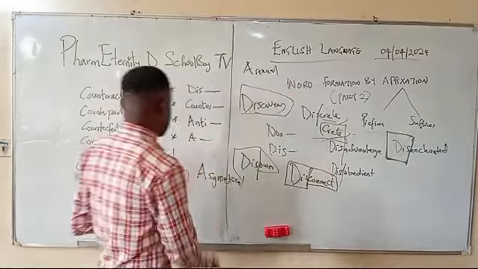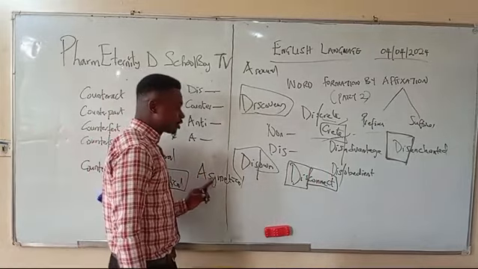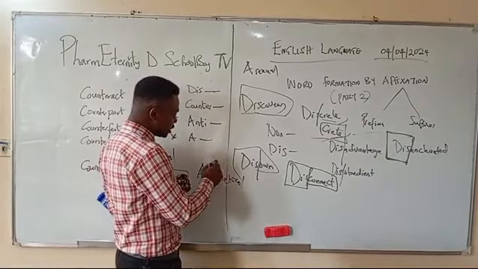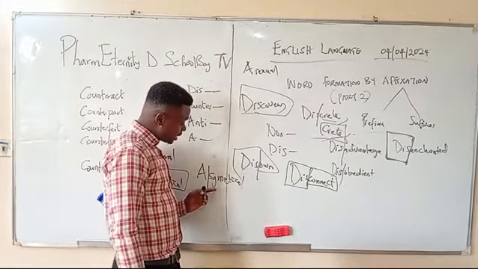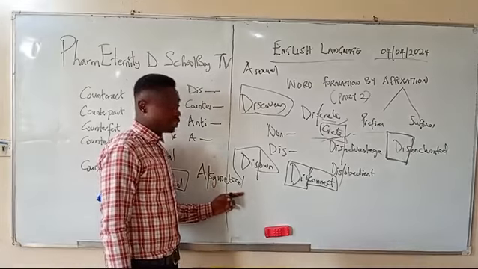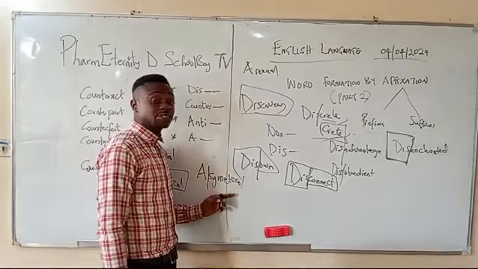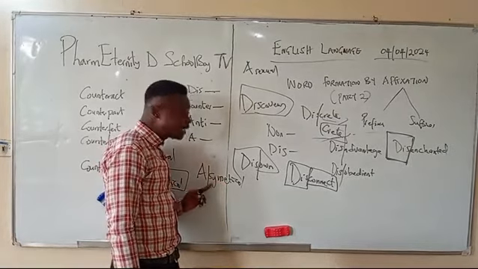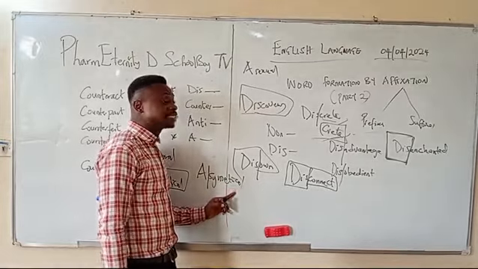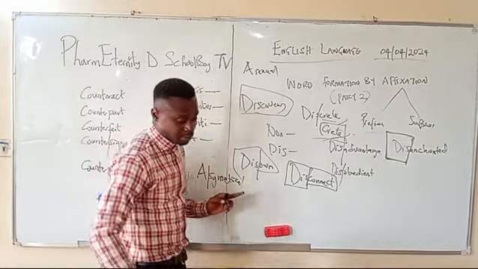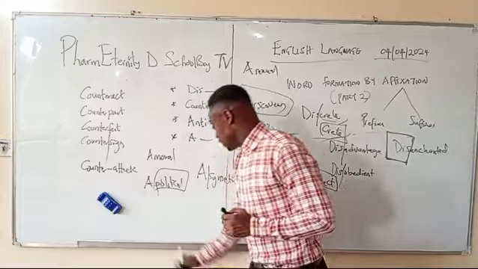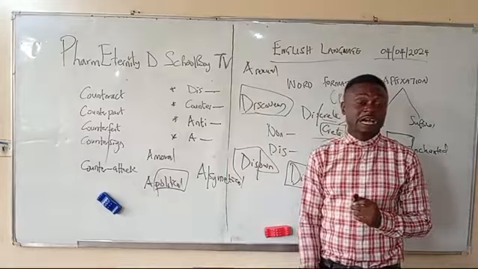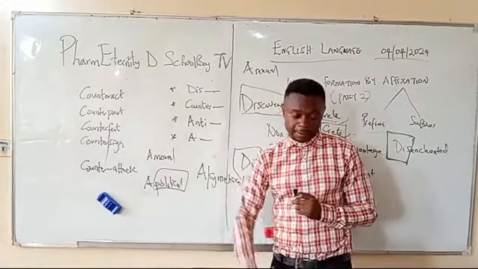So if you say asymmetrical, it means that it is not symmetrical. Symmetrical, which is the root word, is an adjective. So asymmetrical is also an adjective. What changed is only the meaning. So asymmetrical means not symmetrical. You've seen how this word asymmetrical is formed from symmetrical by just adding the prefix a.